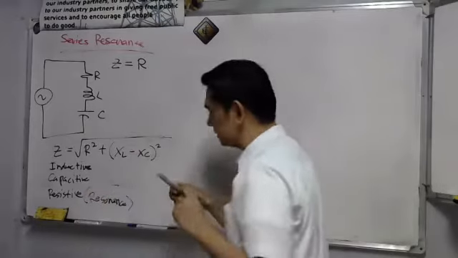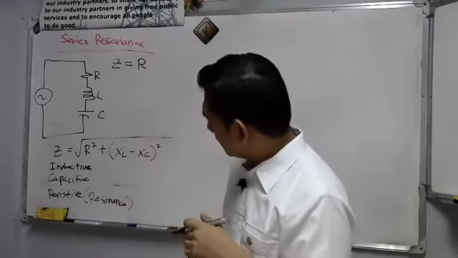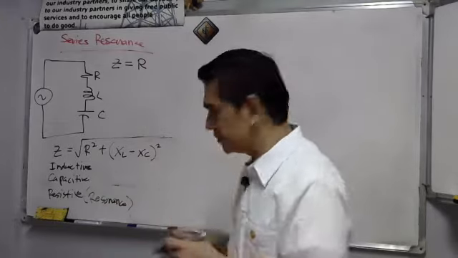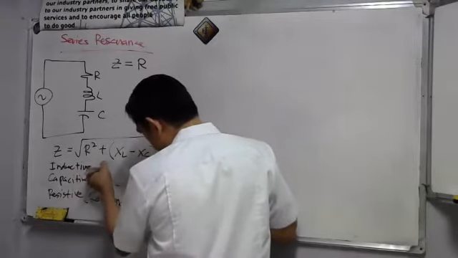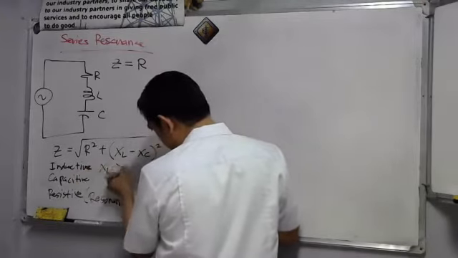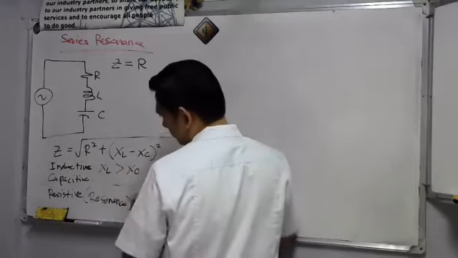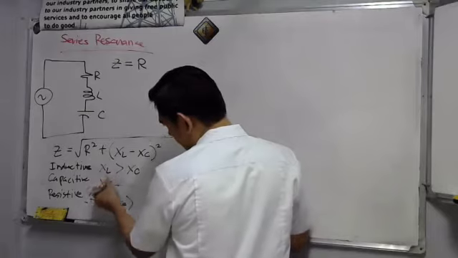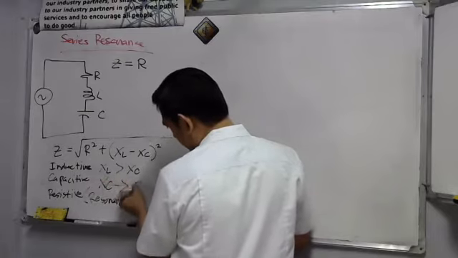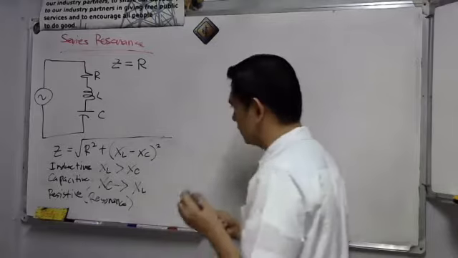That is the characteristic of an electric circuit. The circuit becomes resistive by nature. So it is inductive when X sub L is greater than X sub C. Ganun po yan.